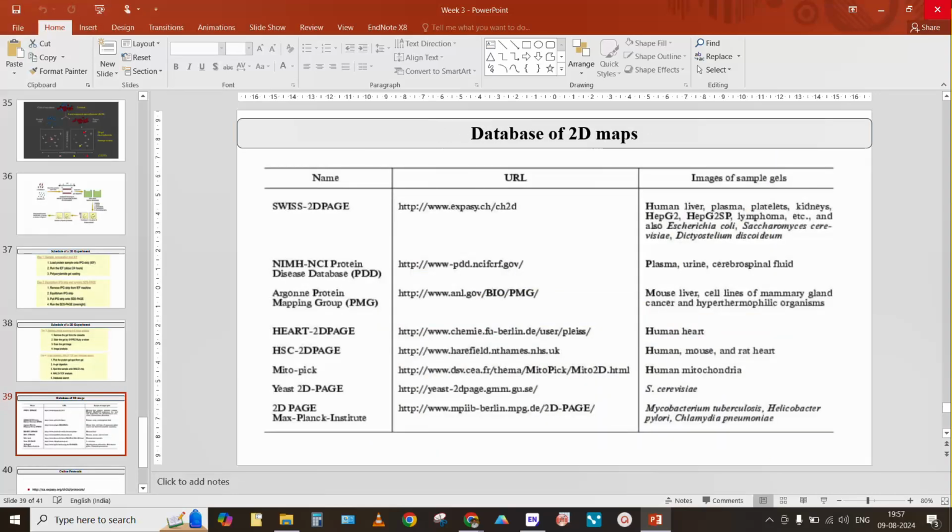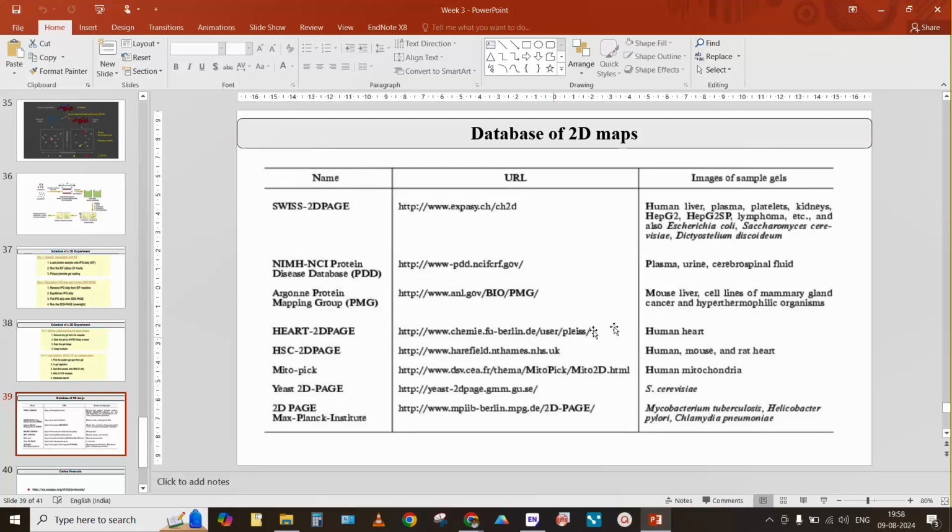I've given here some databases of 2D maps. There are names of the maps, their URLs, and images of sample gels. When you visit these URLs, you can find Swiss-2DPAGE, HEART-2DPAGE, HSC-2DPAGE, Metro page, VS 2D page, and some from the Max Planck Institute.